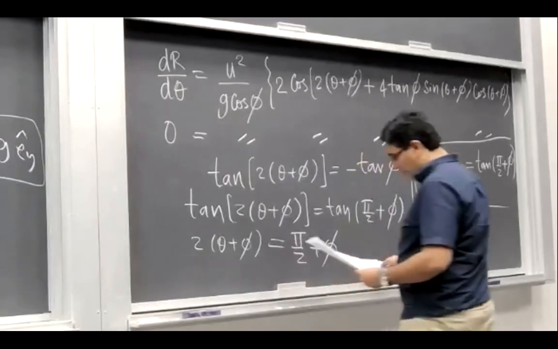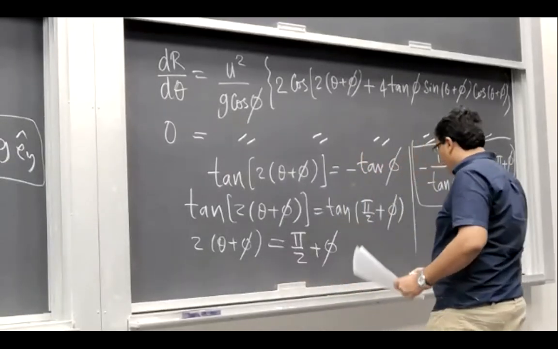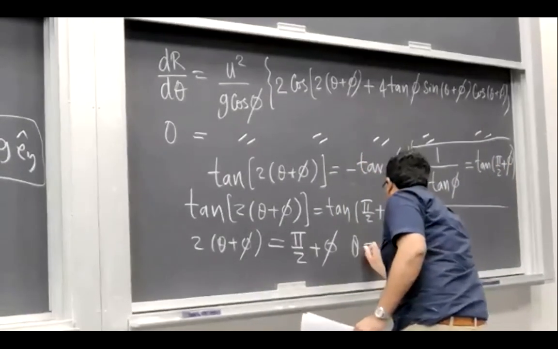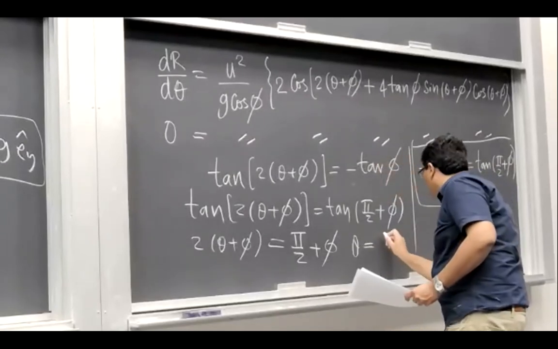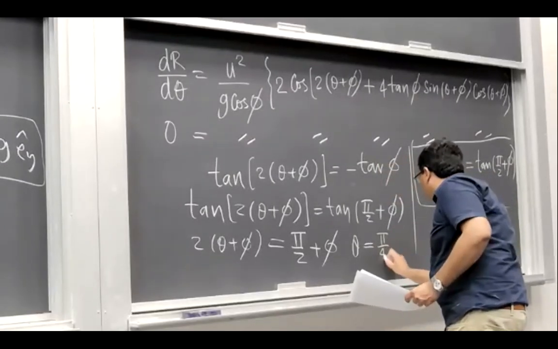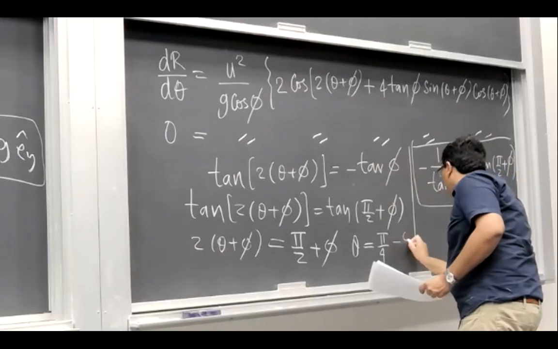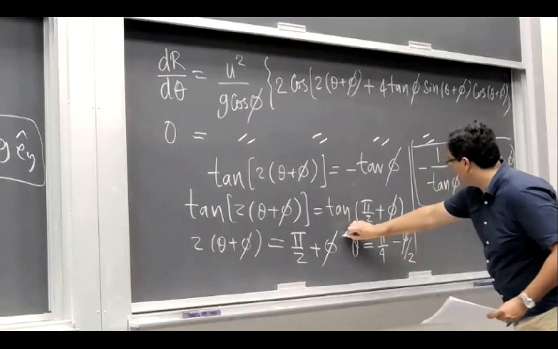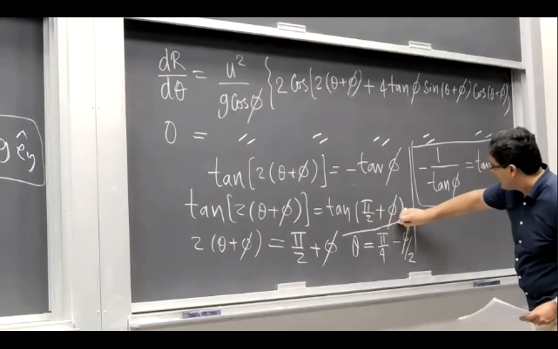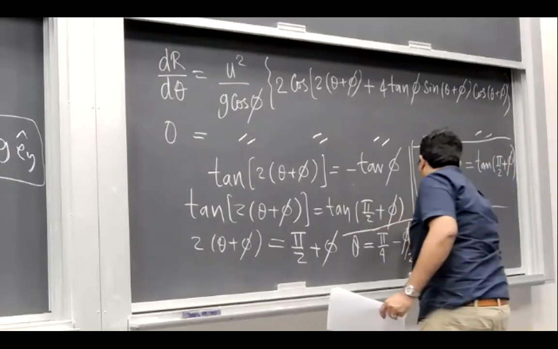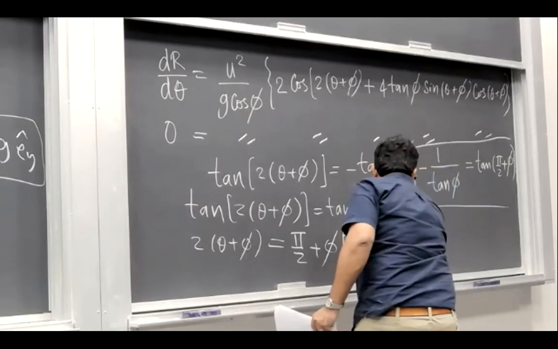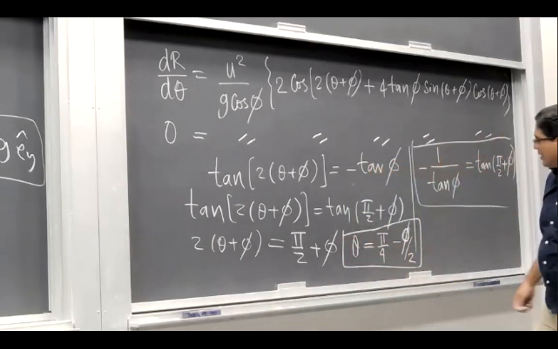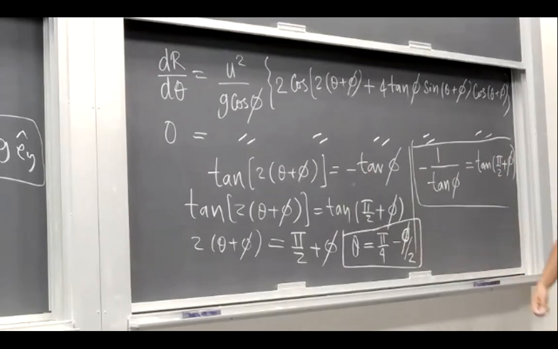And the answer turns out to be theta equals pi by 4 minus phi by 2. So this is the angle that would maximize range. See this? Theta equals pi by 4.